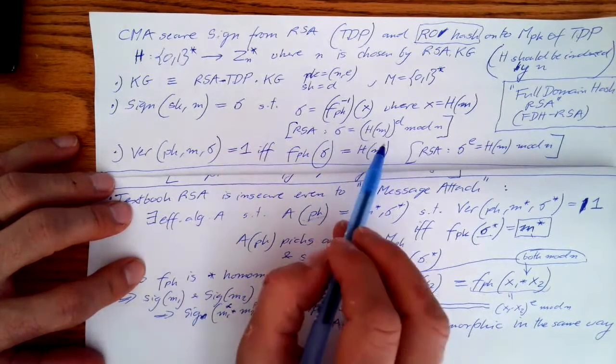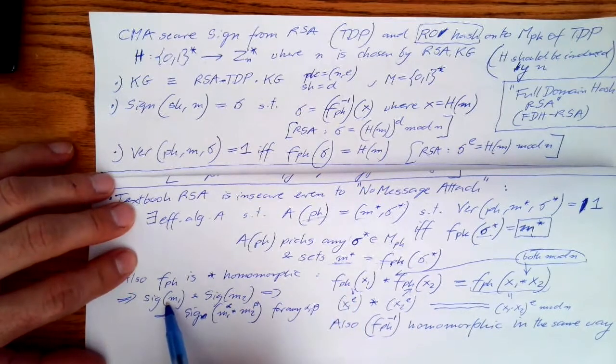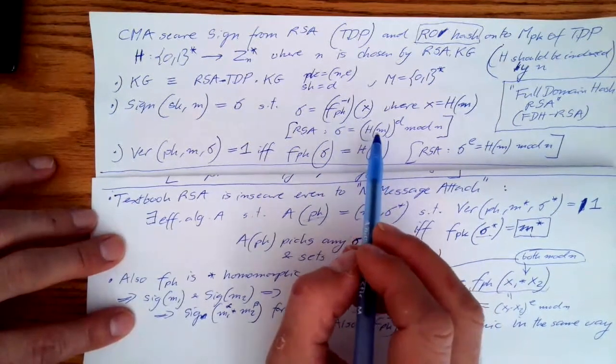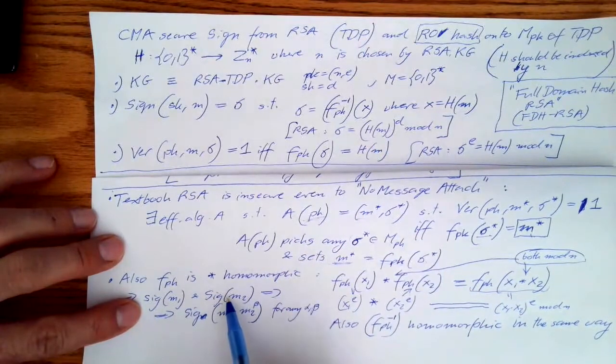And this hash function also breaks these homomorphic properties, right? Because now the signature on M1 is an inverse applied to the hash of M1. A signature on M2 is an inverse applied to the hash of M2.